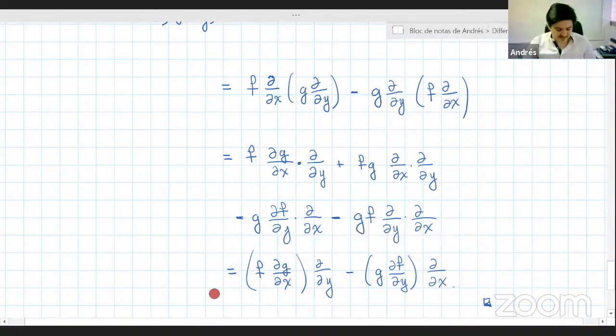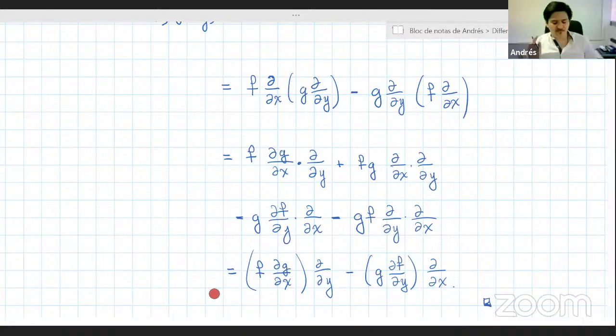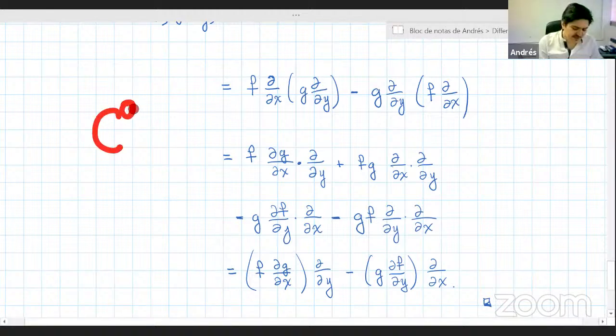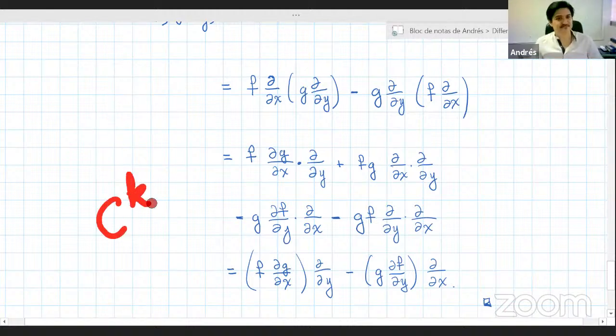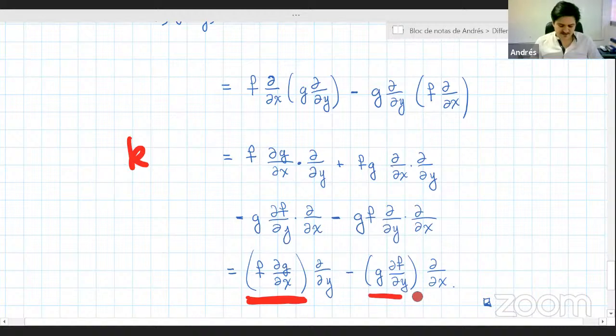Yes. Now, here also I would like to point out the following. Again, why it is good to talk about C infinity and not CK. Because if F and G are in CK, what you get here is no longer in CK.